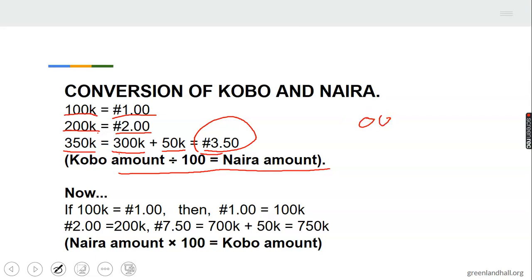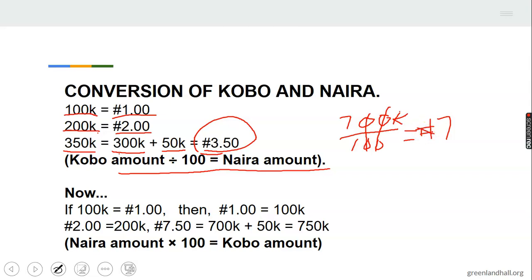You just say 700 divided by 100. I know 0 divides 0, 0 divides 0, 7 divided by 1 will be 7. So your 700 kobo, because you have divided by 100, will be 7 naira.